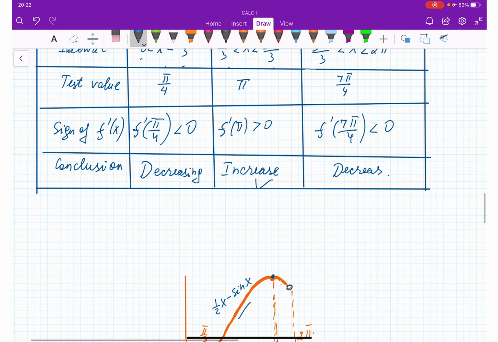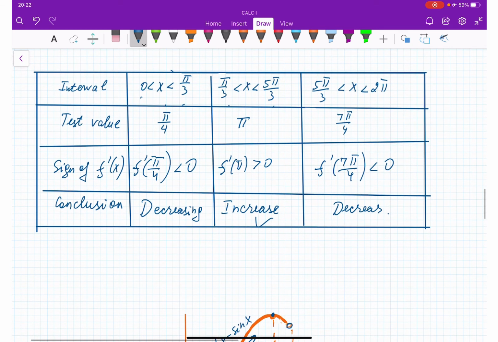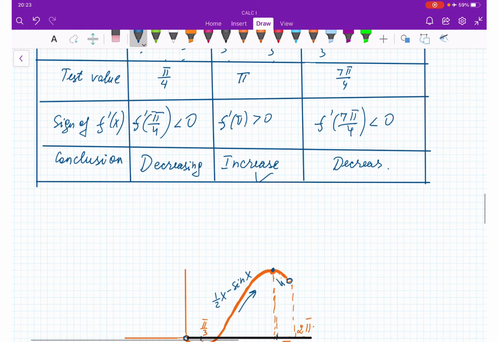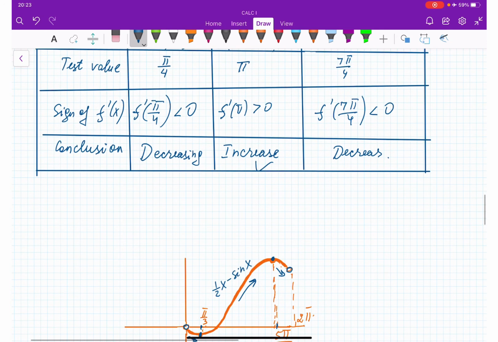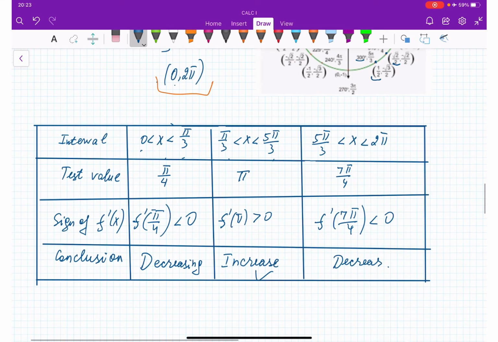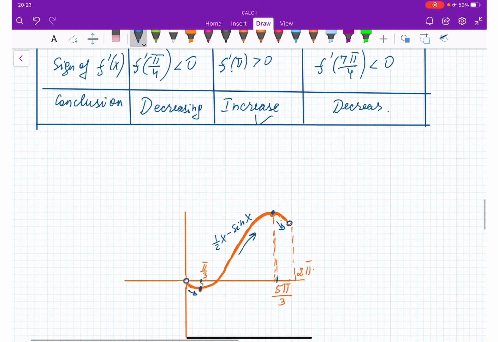There we go. And the last interval, 5 pi over 3 to 2 pi, is decreasing. How do I know where I stop? You just plug in 2 pi and you will see what the answer is, and you stop right there.